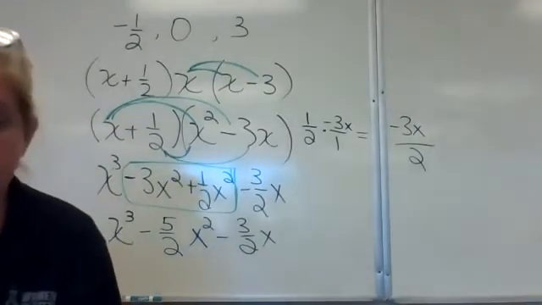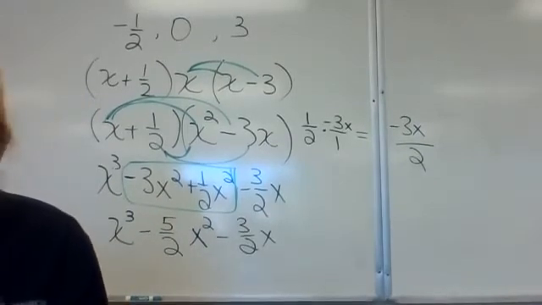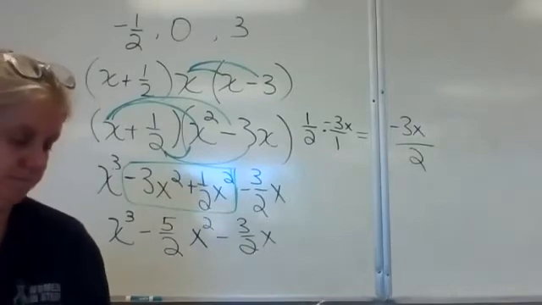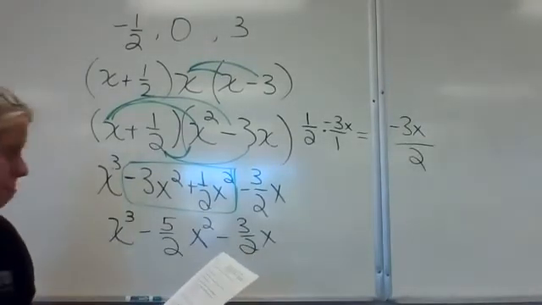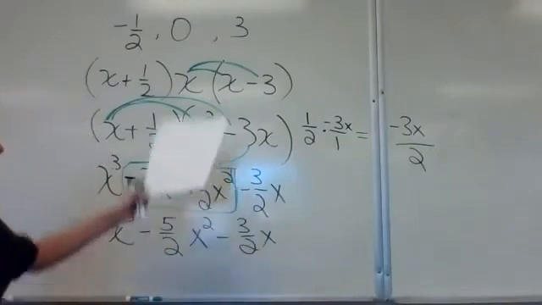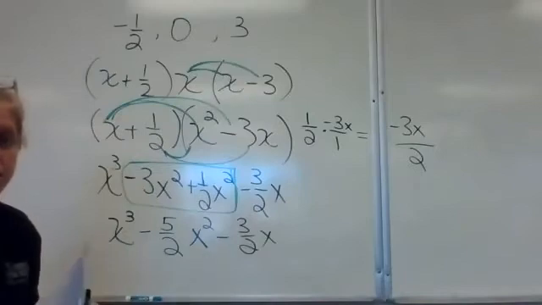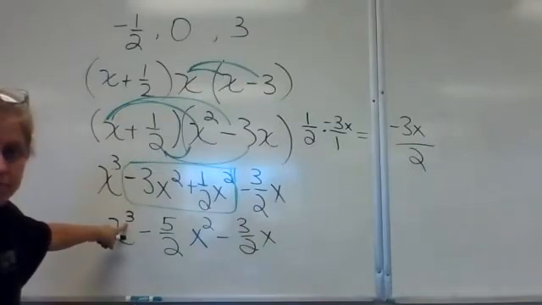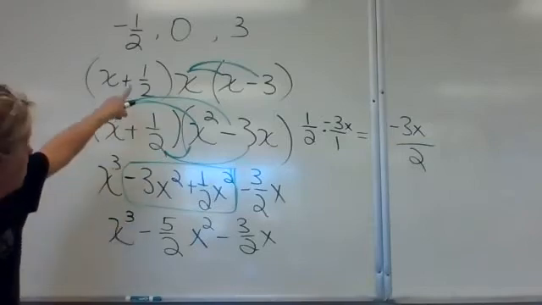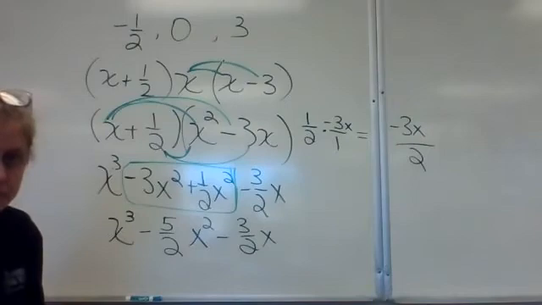Okay, if you thought that was fun, just wait till number 5. There's no fraction, but it's a lot of work. All the ones that we've done so far have had 3 zeros that end up at degree 3, which means we're just multiplying 3 factors together.